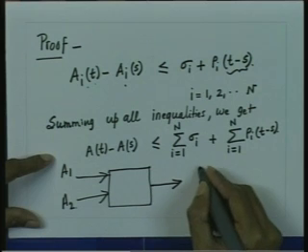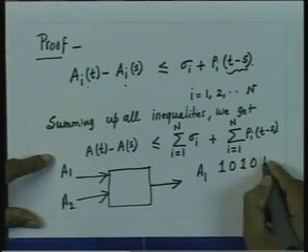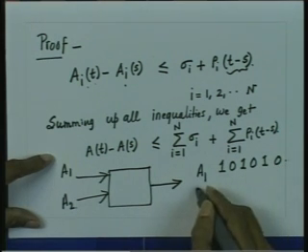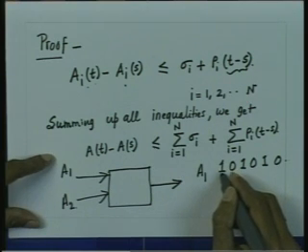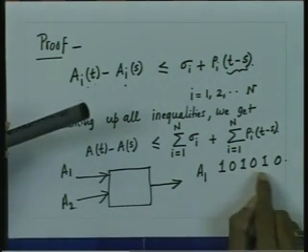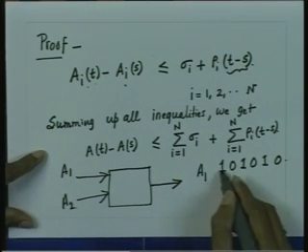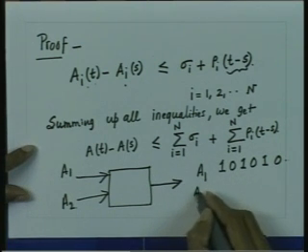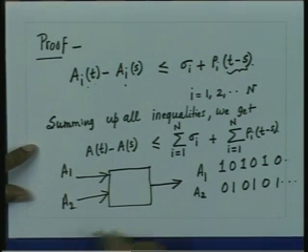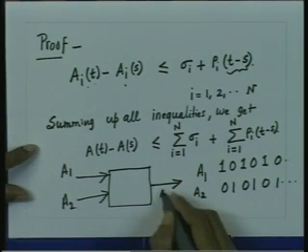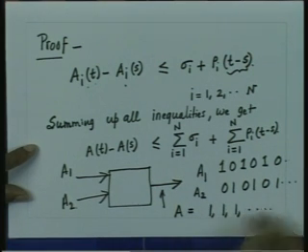Let us say A1 is 1 0 1 0 1 0 like this, which are the number of arrivals occurring at these time instants. So this is how the traffic A1 is, the number of packets or bits generated. A2 is 0 1 0 1 0 1 and so on. Now if it is an ideal multiplexer, the output A will be the sum of these two, and we get 1 1 1 1 and so on.